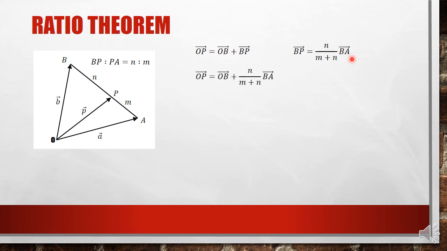Now I change the BP to this. In the previous lesson, we learned in displacement vectors that BA equals a minus b. So replacing all of these vectors with their position vectors, we get p equals b plus n over m plus n times a minus b.